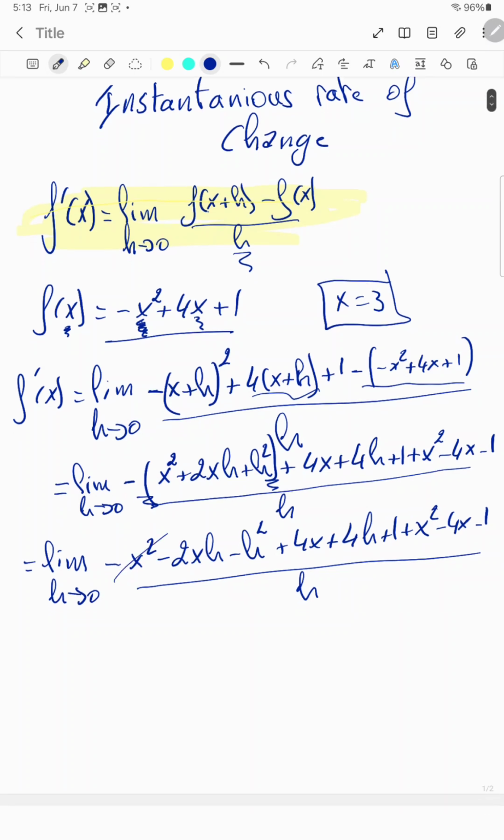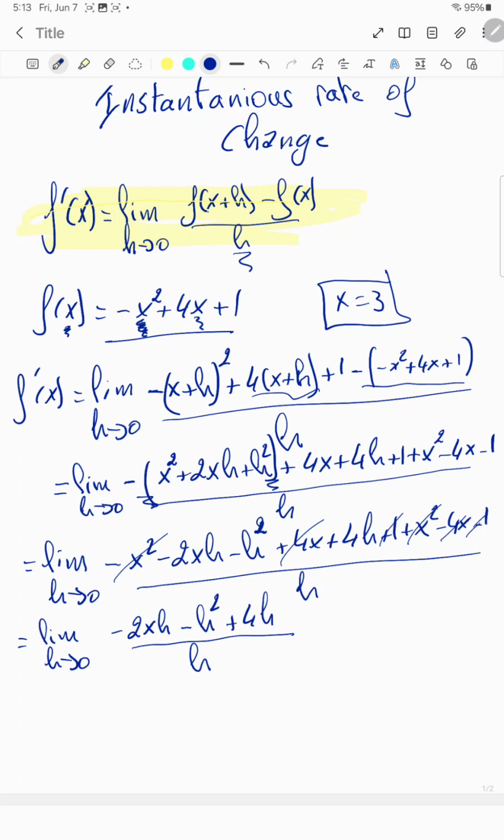I have minus x squared plus x squared, that would be 0, minus 4x plus 4x, and then I have plus 1 minus 1. So I end up with the limit when h goes to 0 of minus 2xh minus h squared plus 4h, divided by h. That's it.